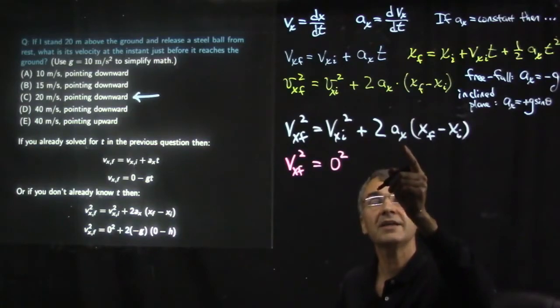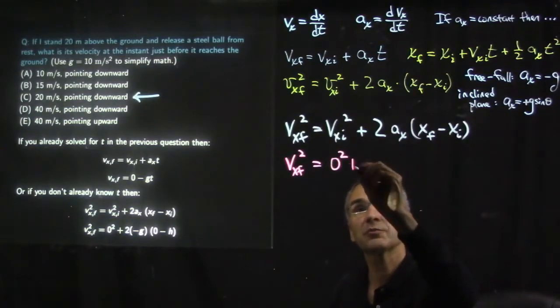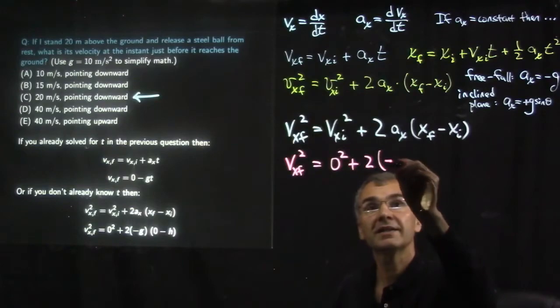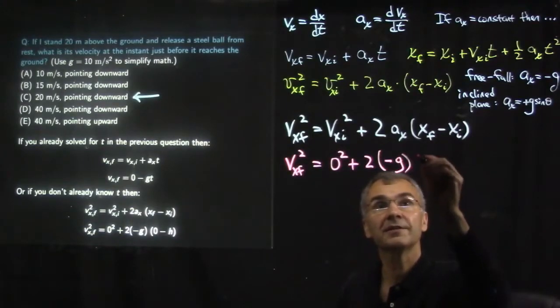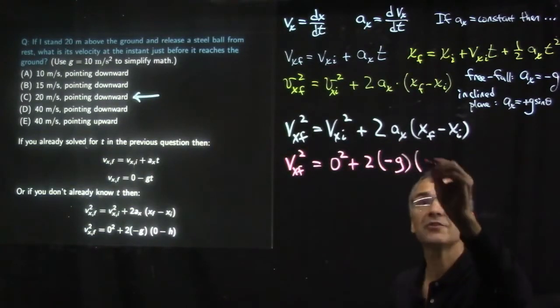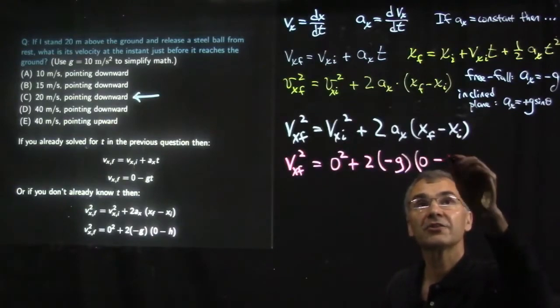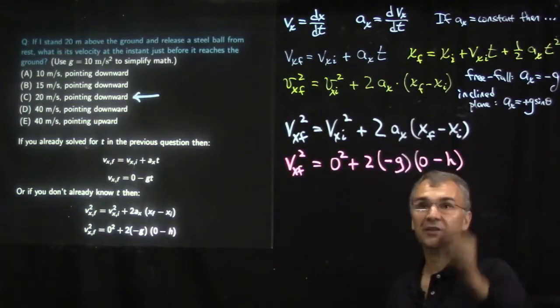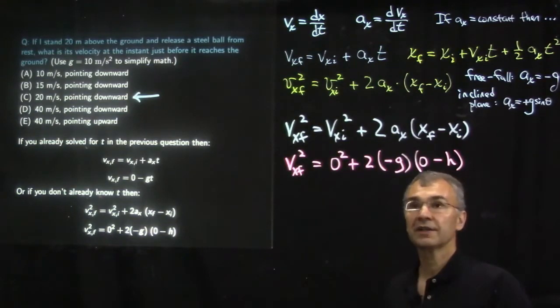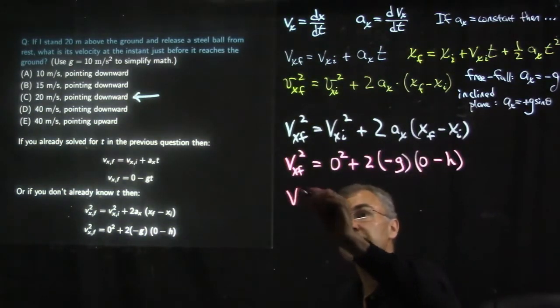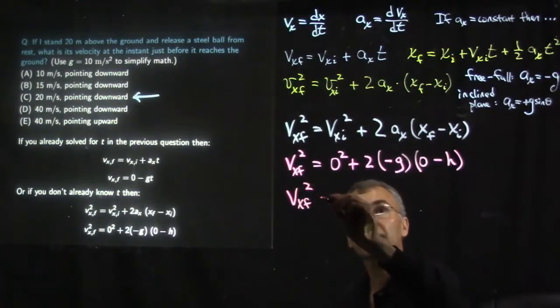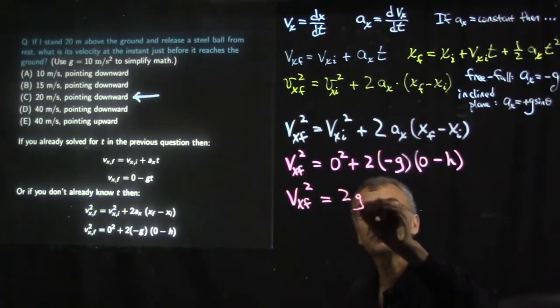And then a sub x is minus g. So this is plus 2, and then this is minus g. And then x final is 0, and x initial is h. So the two minus signs cancel, and this 0 disappears. So we get Vx final squared equals 2gh.